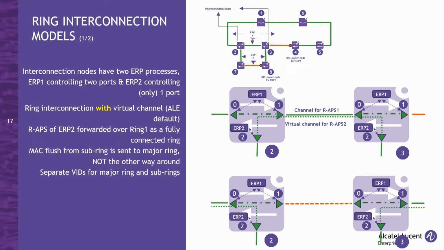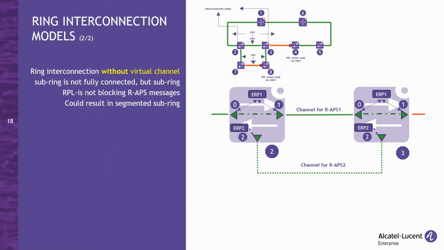In case ERP1 process select another logical path for its control and traffic channels, due to link failure between nodes 2 and 3, for instance, then ERP2 control channel will follow the same path. In that scenario, FDB flush initiated for ERP2 interconnection nodes may be used by ERP control process of ERP1, but not the opposite.